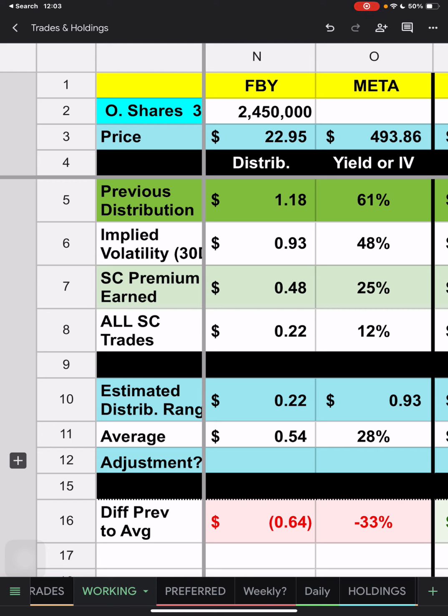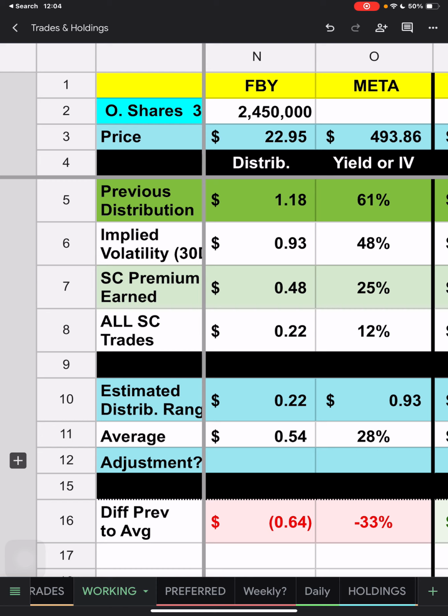But if we look from September to December, the distributions were 28 cents, 45 cents, 48 cents, and 60 cents. The total average, if we took all of those and averaged them up, would be 74 cents a month. But if we exclude the first one, because the first one may be less than a month, we're looking at distributions that range from 45 cents to $1.18.